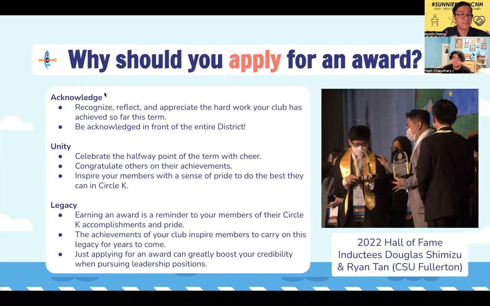And also, earning an award is a reminder to the members in your club of what your Circle K club can accomplish, creates again a sense of pride, and also inspires future members to carry on the legacy for years to come if you do earn a district award.